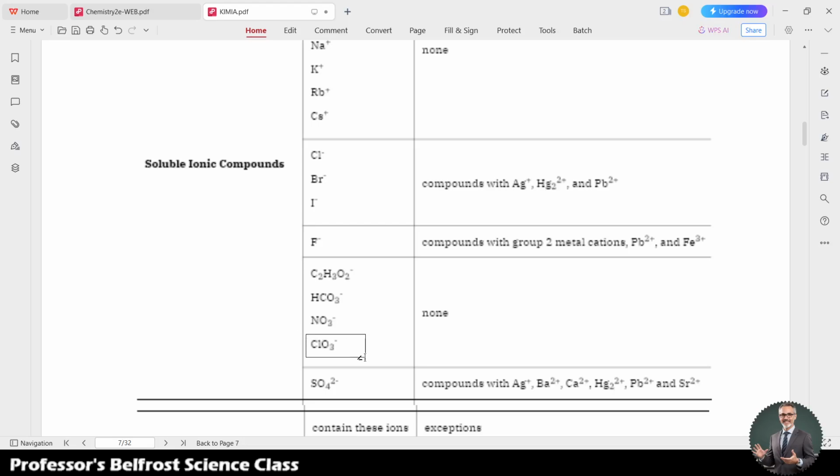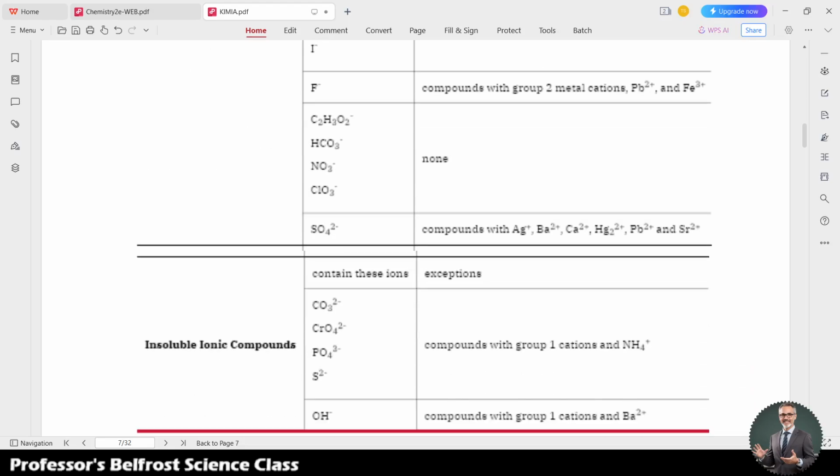I guess this is chlorate or something. And then no exception for this group. The last one is sulfate, and this also has some exceptions: it cannot apply with compounds with the ions of barium, calcium, hydrogen, plumbum 2, and Sr. I think this is strontium, right?